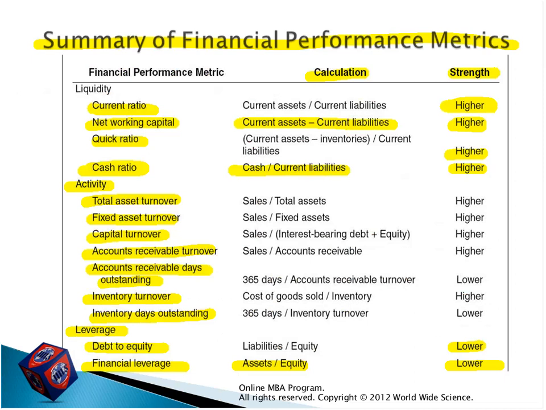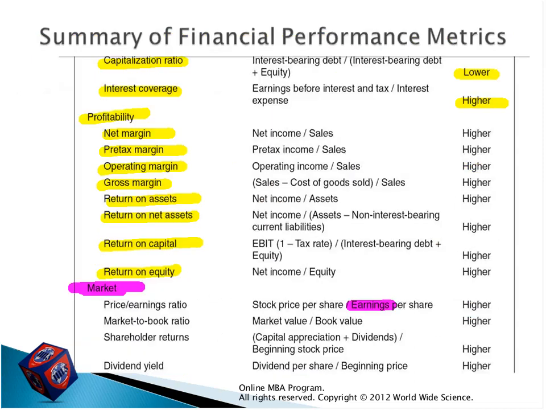You can print these 2 pages, the summary of financial metrics, because that would help you in the future to make any calculation. That would always be available. And as well, on the exams there will be some practical exercises based on ratios, so you can use the list.